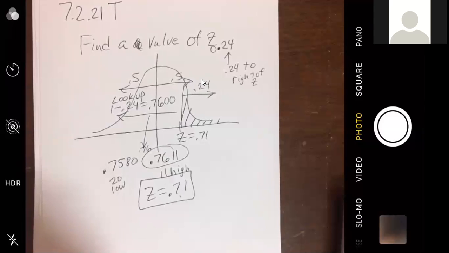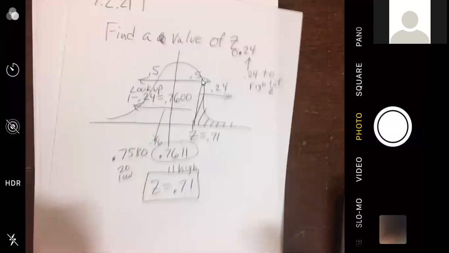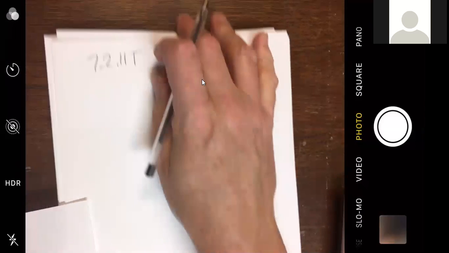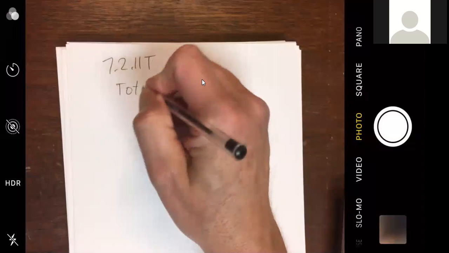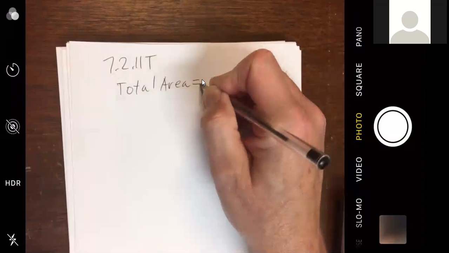Except we want to do 7.2.11T. What does it say? It says determine the total area under the standard normal curve in parts A through C below.